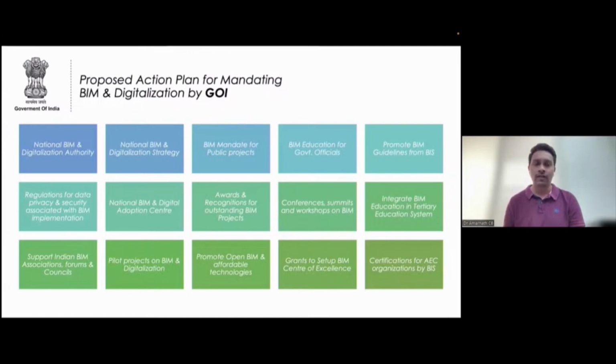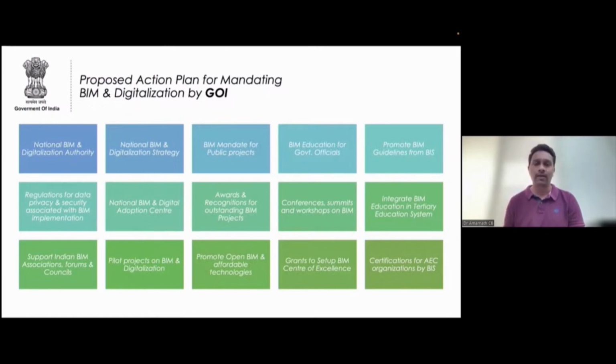The first one was India BIM Association. Along with that, there are supporting forums and councils for architecture, engineering, and so on. So you can identify the key experts from each of these and build a national BIM and digital authority under the NITI Aayog umbrella, which can help you drive the transformation for the country.